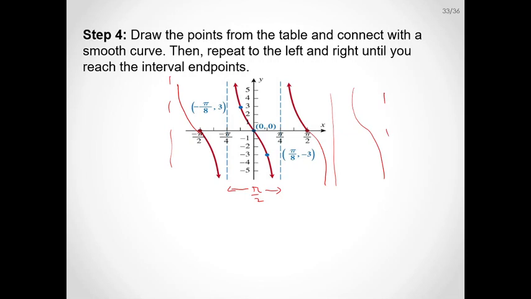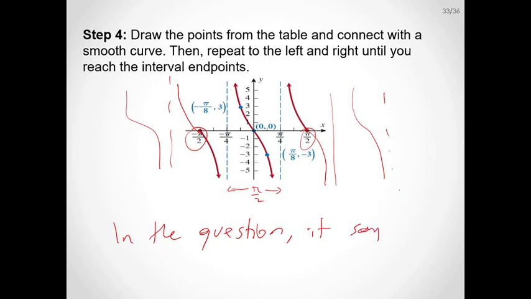You can make the copies, but we will cut the graph from minus pi over 2, because the question says graph on minus pi over 2 and pi over 2.